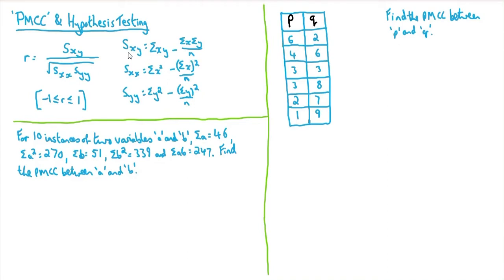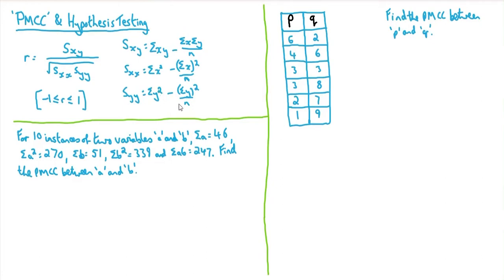And then similarly, for your Sxx and your Syy, you'll have the sum of x squared, so square all of the x terms first and then add them all up, then minus the sum of x, then squared, so add up all the x terms first, then square the result, divided by n, and the same with the y's in each case.